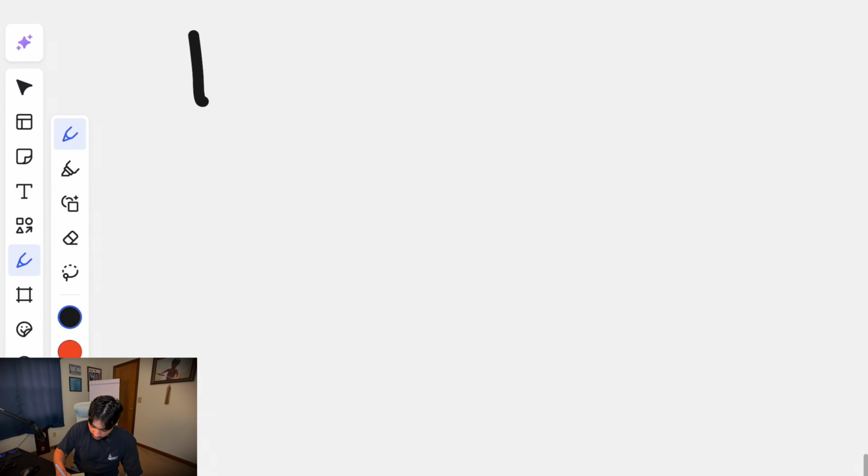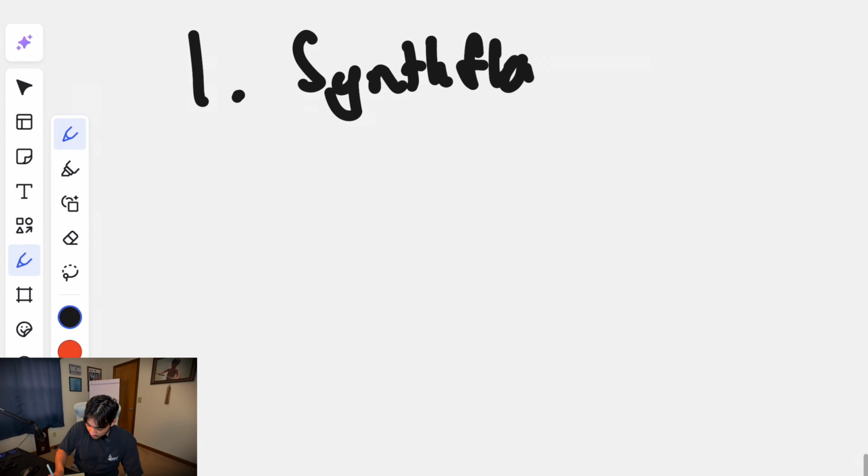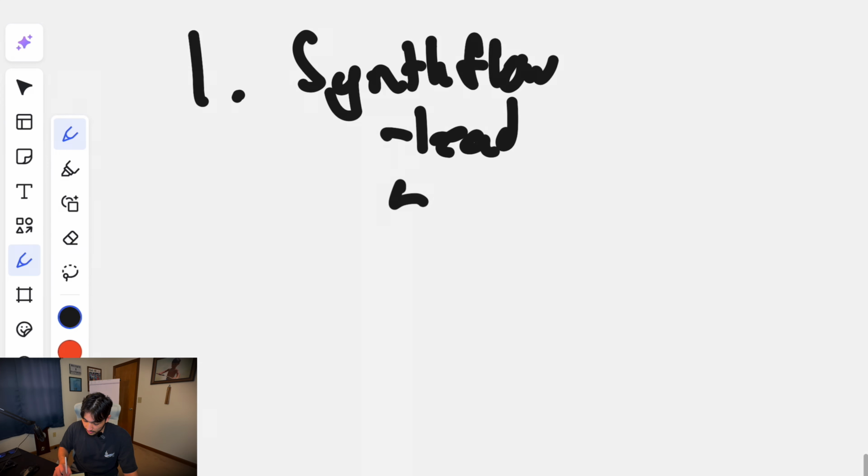Okay, so the first tool is called SynthFlow. It's where you can build AI callers. And so what this will do is if someone goes through the VSL, they book a call, what this will do, or let's say they don't book a call. Let's say somebody goes through the VSL, but they don't book a call, they become a lead, right? If they become a lead, what we can then do is have this AI bot call.